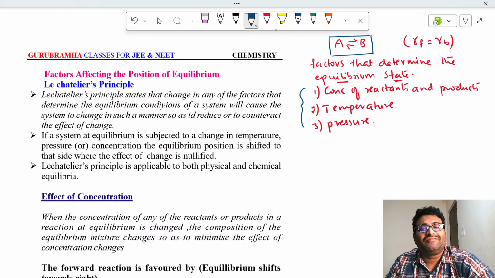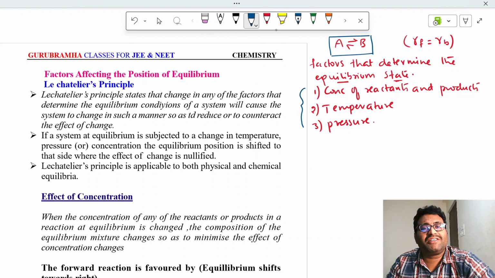So that means you are giving some stimulus, or some stress, to the reversible reaction which is already in equilibrium. Why am I mentioning it as stress? Because when equilibrium is disturbed, it undergoes a stress.